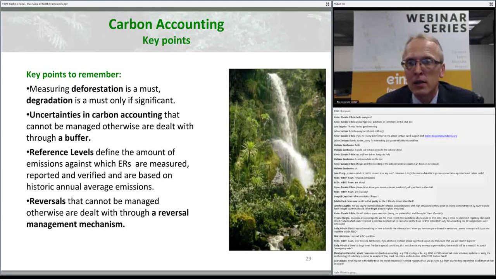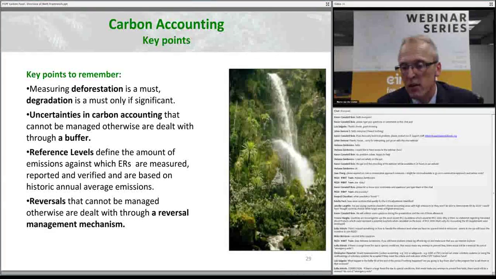We only pay for the actual emission reductions. So if you're not able to create emission reductions, you will not get a payment from the Carbon Fund. It was a political choice to say, no, we want to use average historic emissions as the reference level. That's an advantage for some countries and a disadvantage for other countries. It will be up to you as a country to decide if that impacts your decision to be part of the Carbon Fund or not. But it is an important consideration when you're thinking about doing a program.